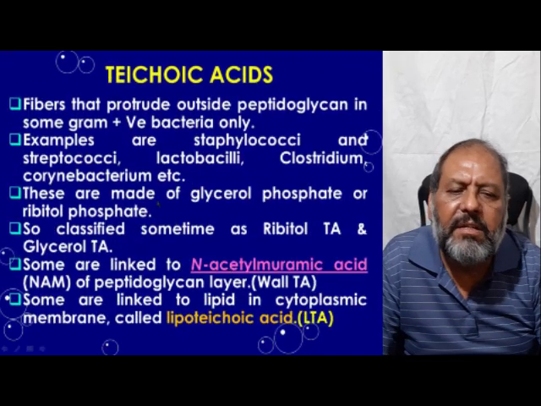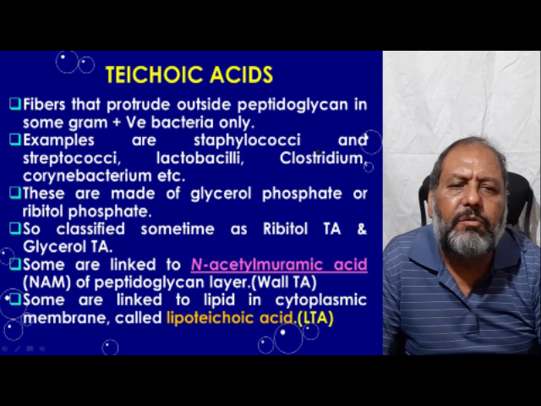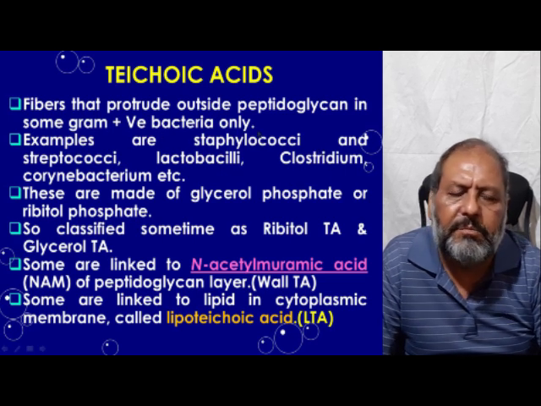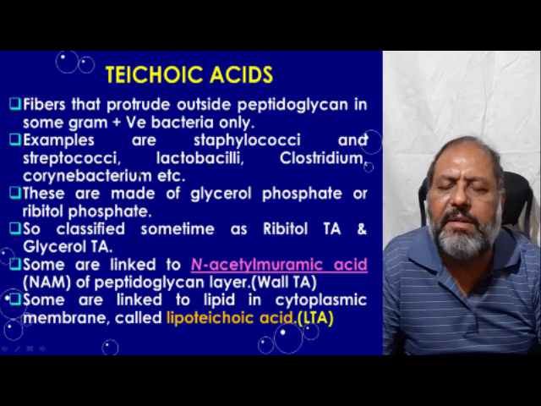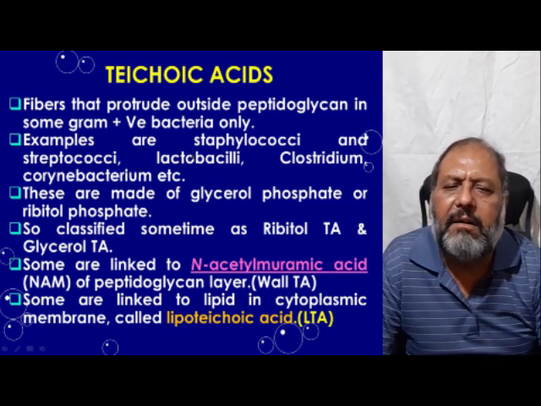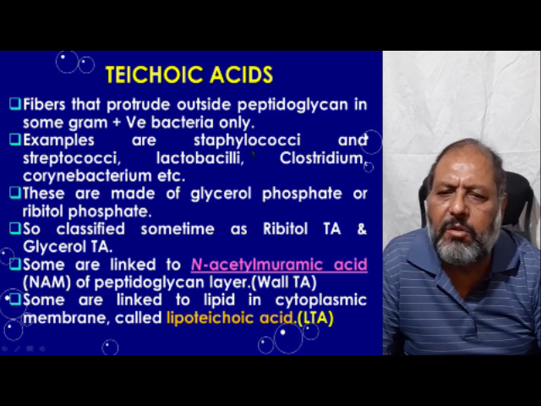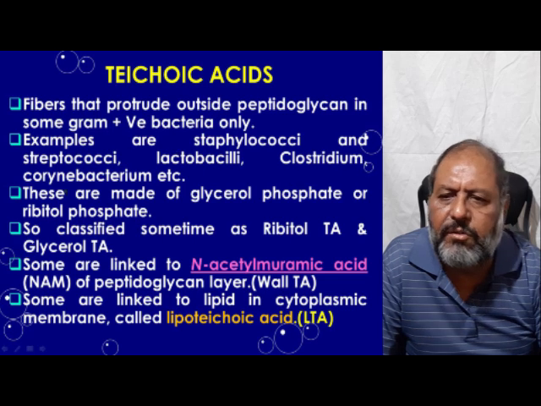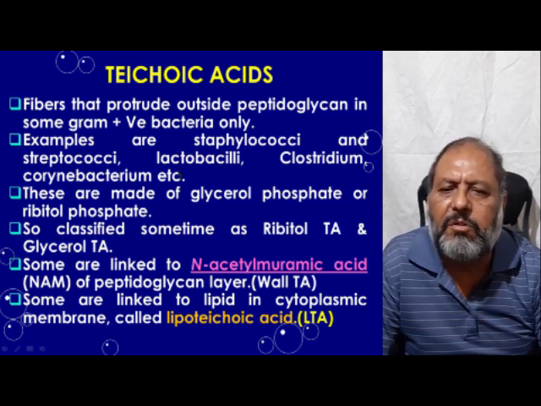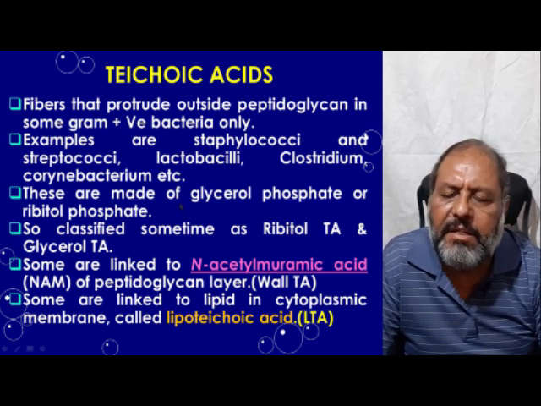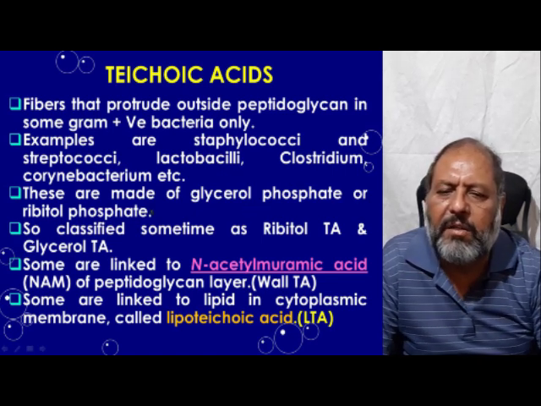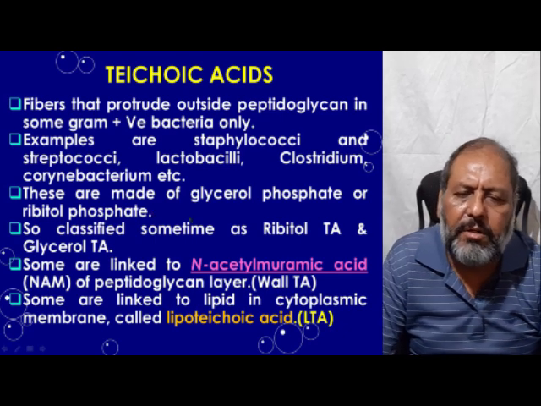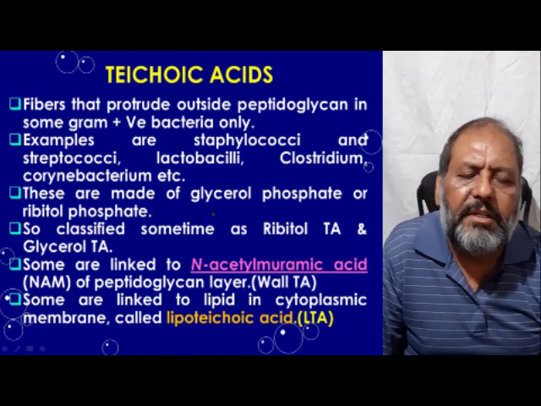Teichoic acids are fibers that protrude outside the peptidoglycan in some gram-positive bacteria. I have shown in the previous slide also that some fibers come out from the cell wall. So these are the teichoic acid fibers seen mostly in Staphylococcus, Streptococci, Lactobacilli, Clostridium, and Cyanobacterium, mostly in gram-positive bacteria. These are made of glycerol phosphate or ribitol phosphate, so their names are different according to the contents which they have.